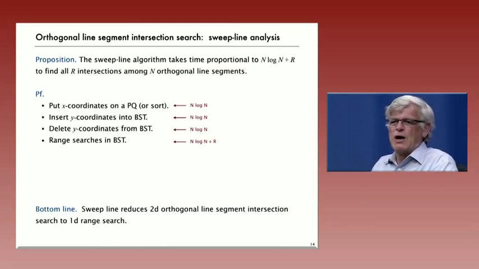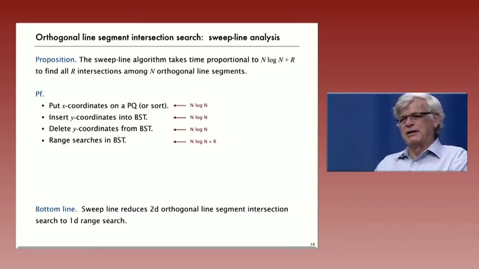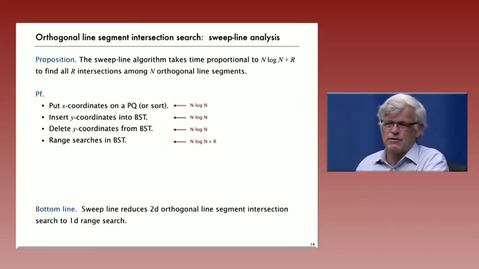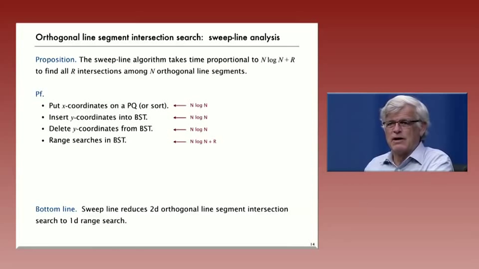And then putting the y-coordinates into a binary search tree is, again, n log n, and same for deleting. Each point has to be inserted and deleted. There could be as many as n in the tree for each one, so it's a total of n log n. And then the range search in the binary tree for each one of the range searches might take log n, might be as many as n, plus the number of points returned.